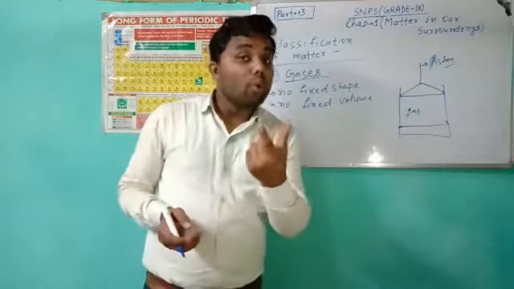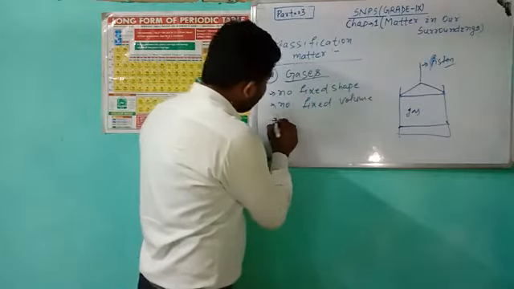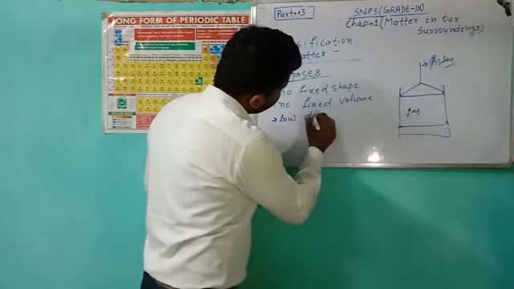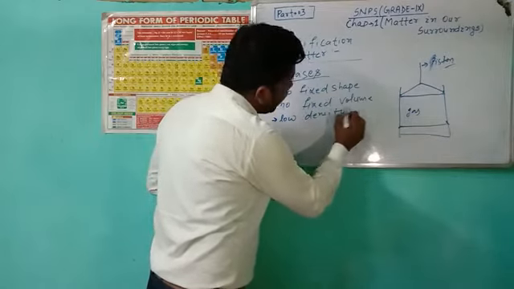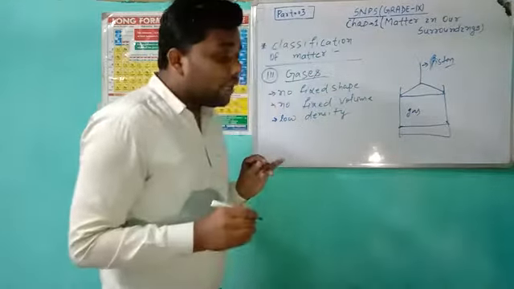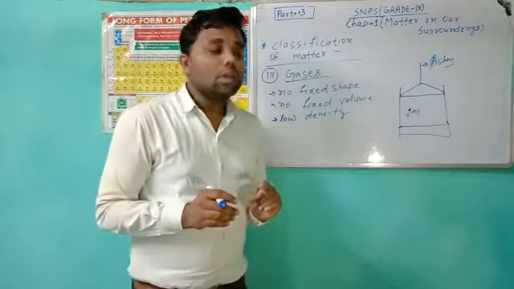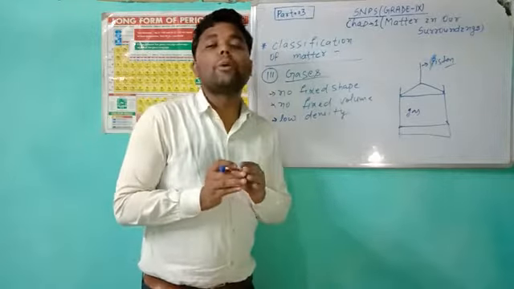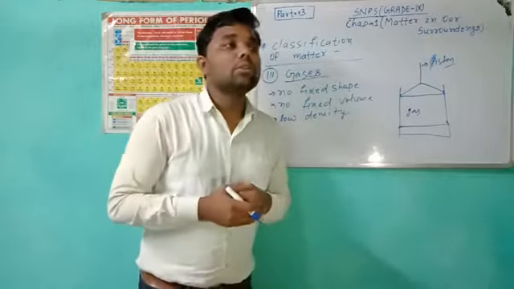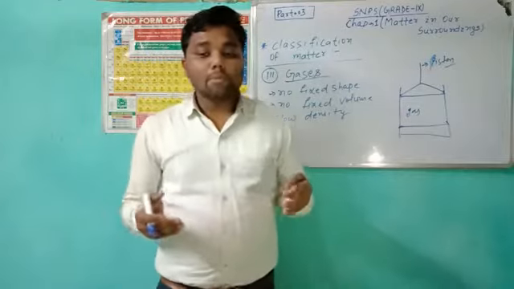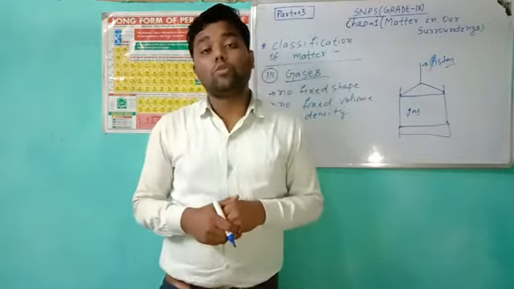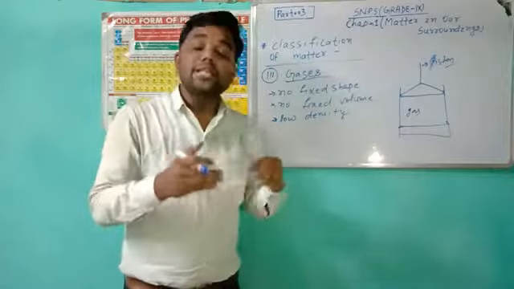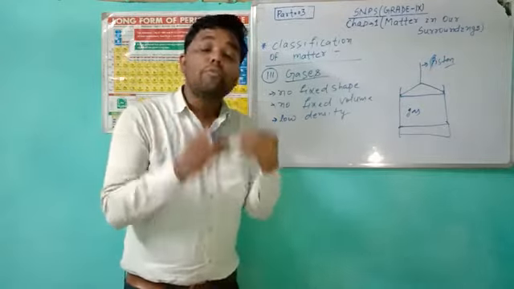It has low density. Why? Because the least amount of matter is present in a unit volume, due to the negligible intermolecular forces, so its density is very low.